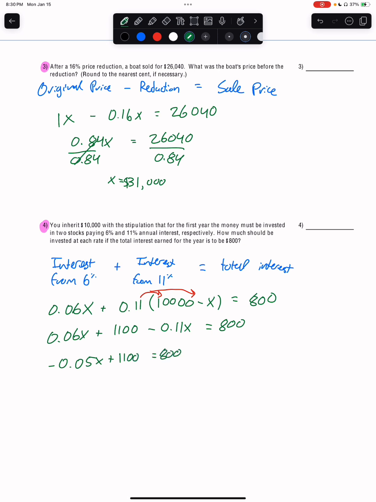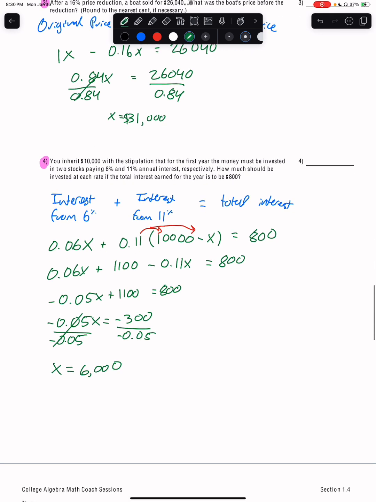We'll subtract 1,100 to the other side, trying to isolate x. Now we just divide. Use your calculator to see that x is going to be $6,000. And that's going to be the 6,000 in the 6%.